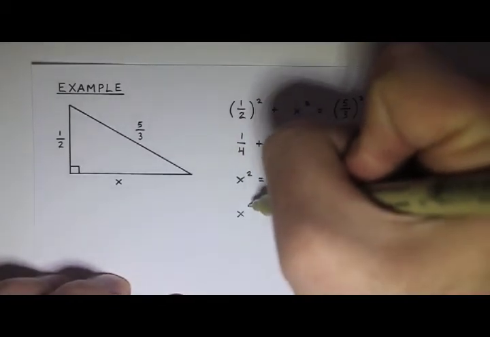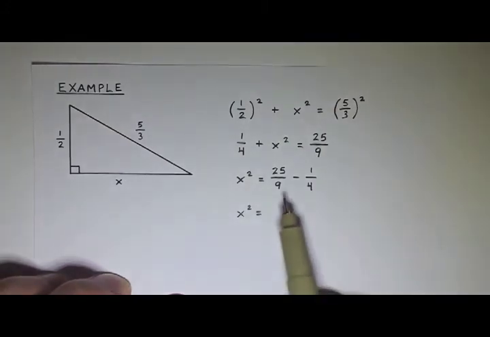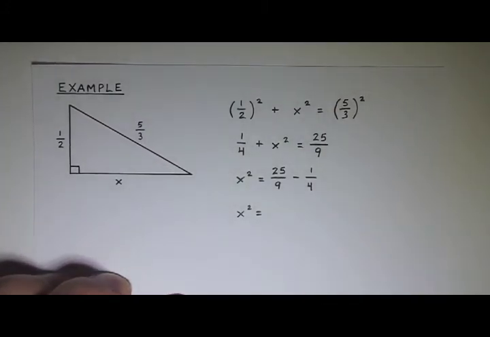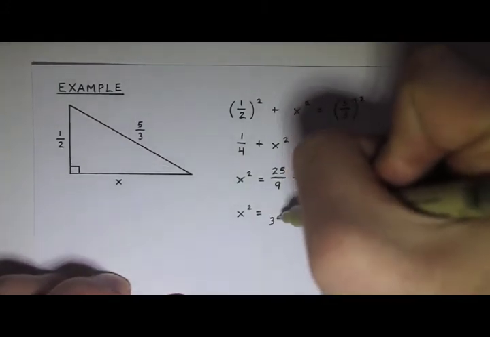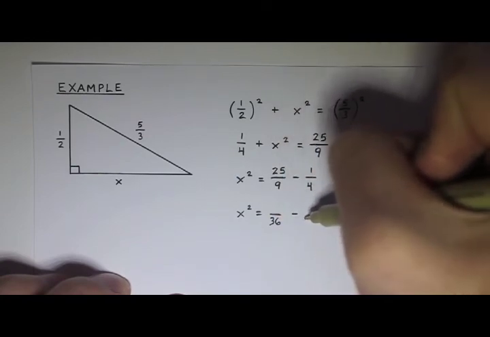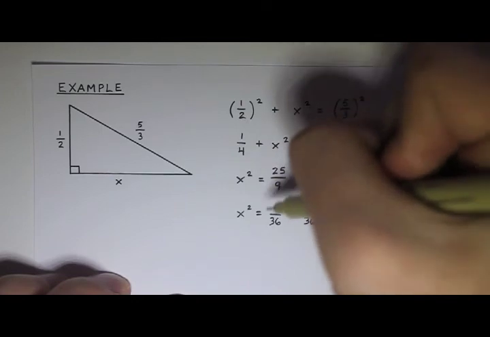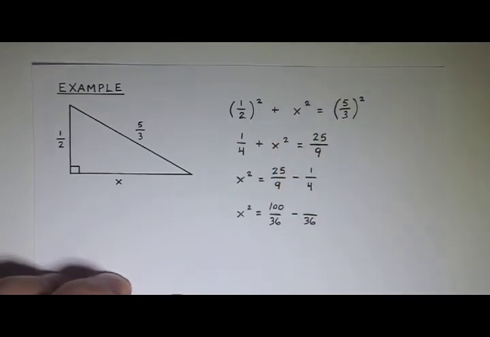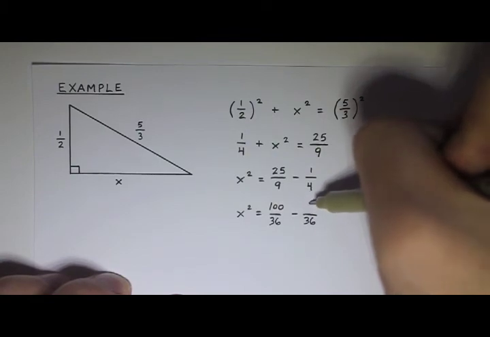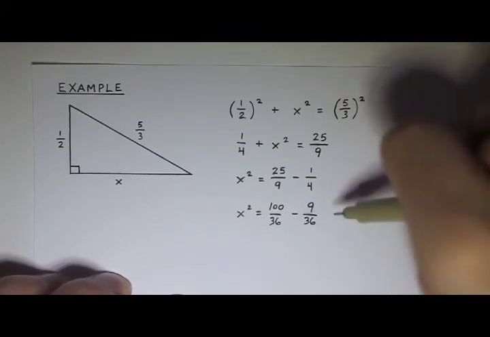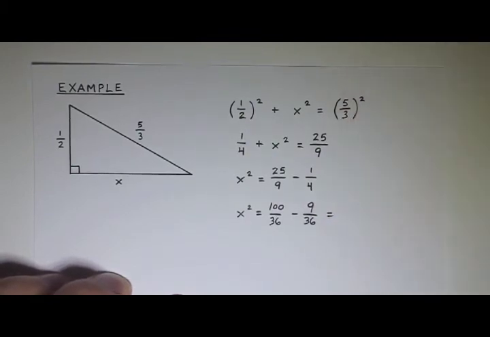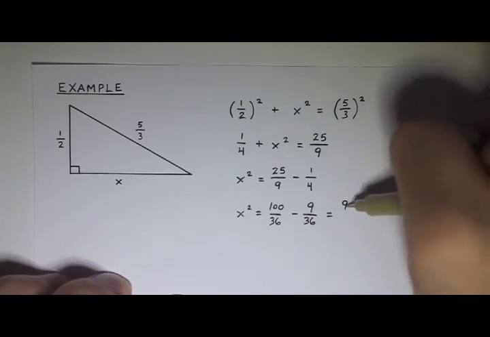So x squared equals, and see, common denominator between 9 and 4, how about 36? 9 times 4 is 36. 25 times 4, that's 100. 4 times 9 is 36. 1 times 9 is 9. And then 100 minus 9 is 91, and then that'll be over 36.